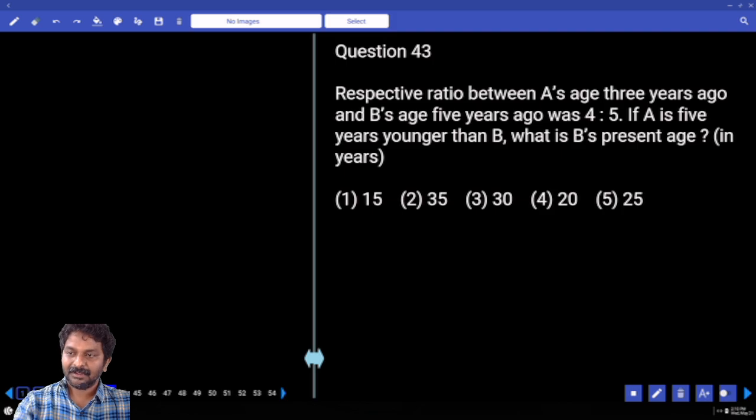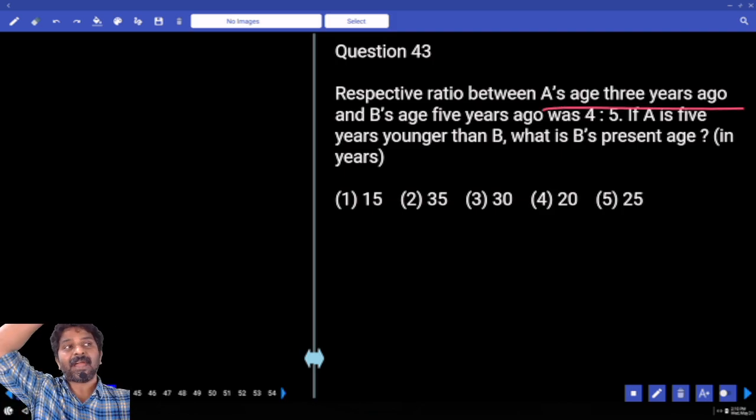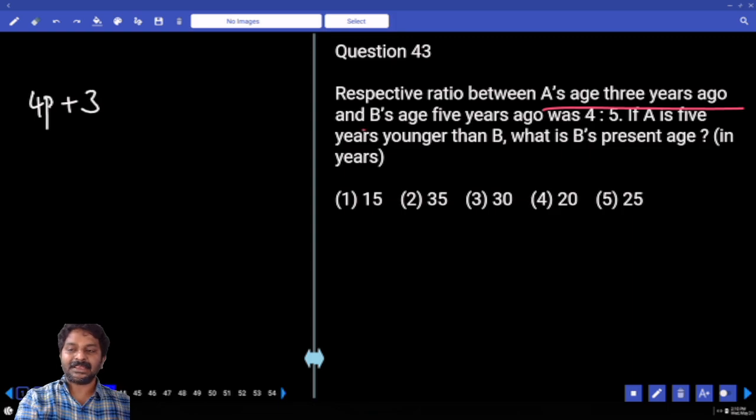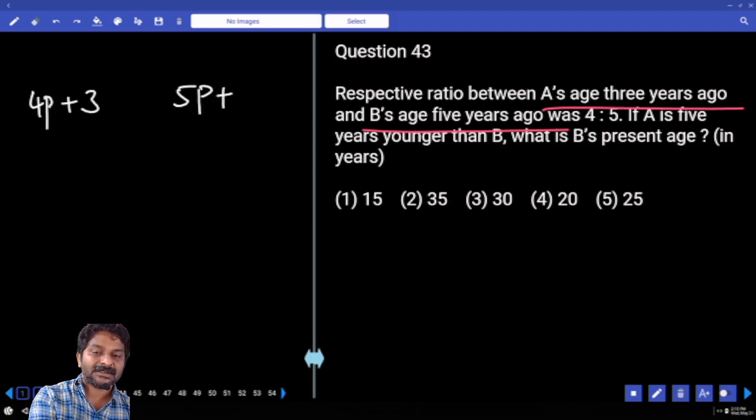We have to solve. A's age 3 years back it was 4 parts. What is the present age of A? 4 parts plus 3. B's age 5 years ago it was 5 parts. Then what is the present age of B? 5 parts plus 5.